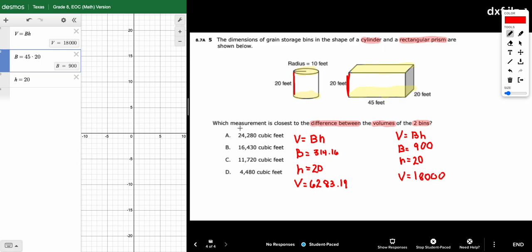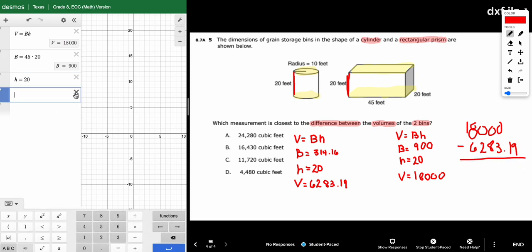Okay, so now that I have the volume of both the cylinder and the rectangular prism, I can go ahead and find the difference between the two by subtracting. And you want to take the greater amount, so 18,000. Oops, having some technical difficulties over here. And subtract the lesser amount, so 6,283 and 19 hundredths.